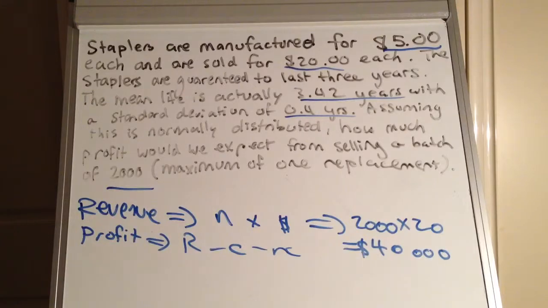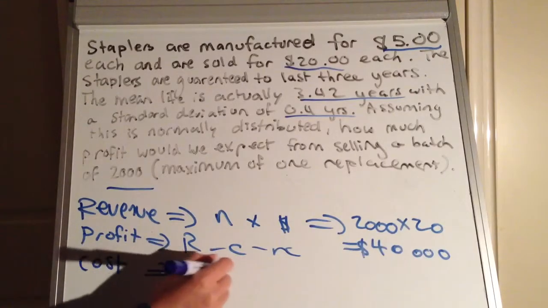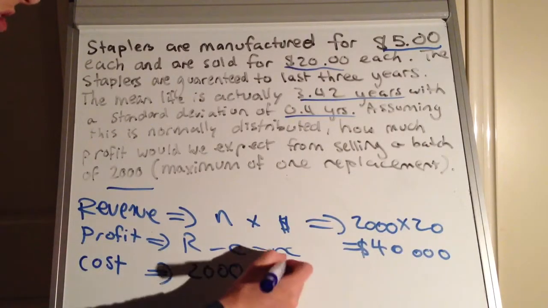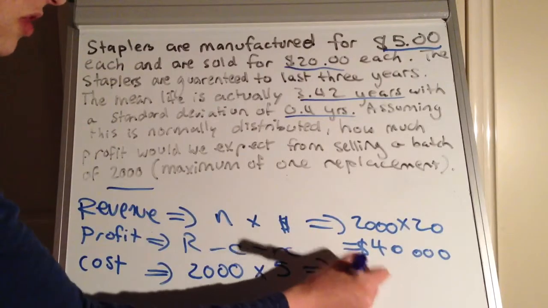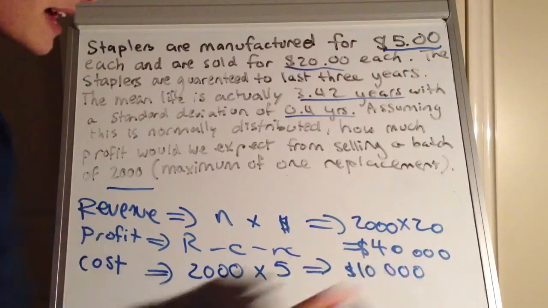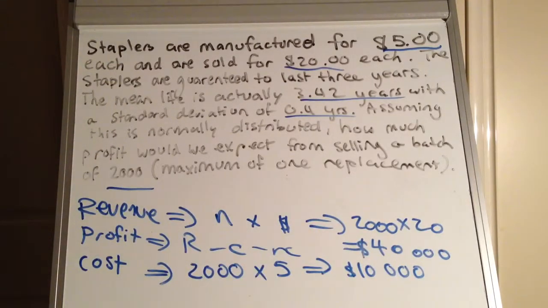Now, let's have a think about some of these other values here. Let's consider cost, because that's another easy one to calculate, because we have all the values in there and we don't need to think about proportions or anything. So when it comes to the sheer cost that it costs us to produce those 2,000 staplers, wherever they're made, maybe in a factory, we simply go, okay, well, there's 2,000 staplers being produced and it costs us $5, so the actual cost to us for having those staplers made is $10,000.